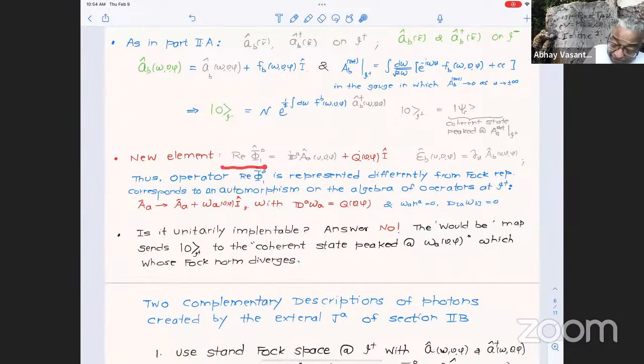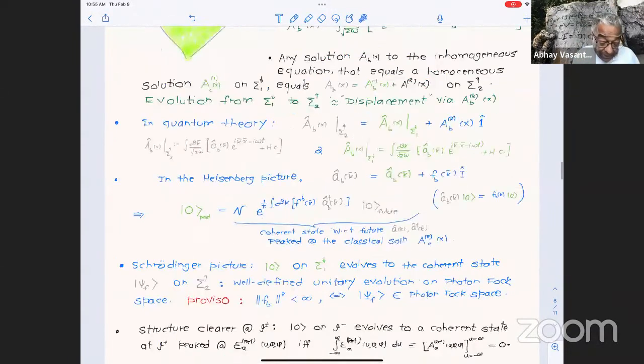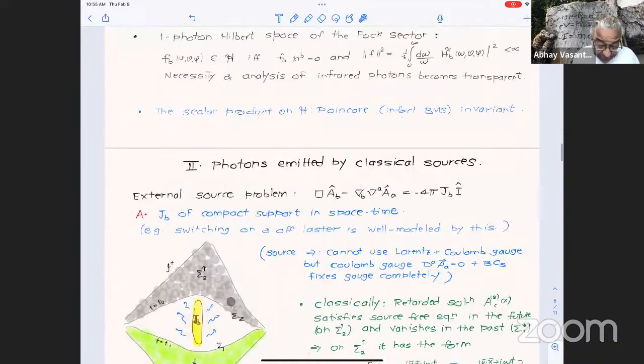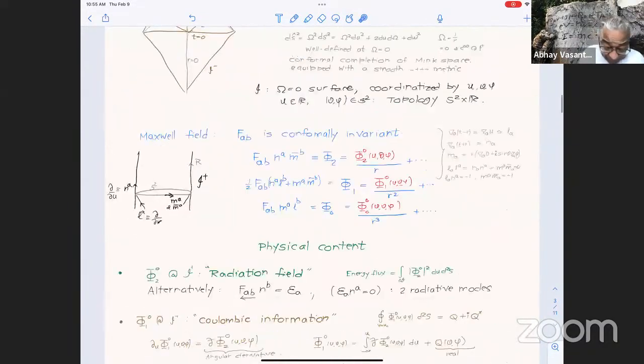But the new element is that the real part of phi 1 naught is not given by just this, what I call eth of A2 naught, which in the index notation is just the spherically symmetric two-sphere derivative of A. So it's the divergence of A. You can think of this A as living on the two-sphere because A_a n^a is equal to 0.